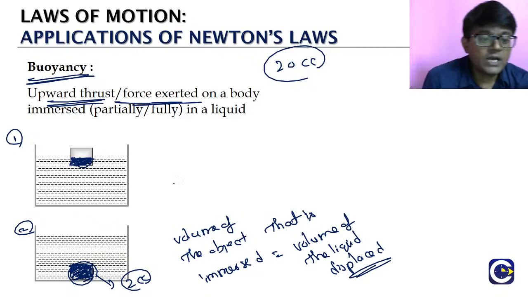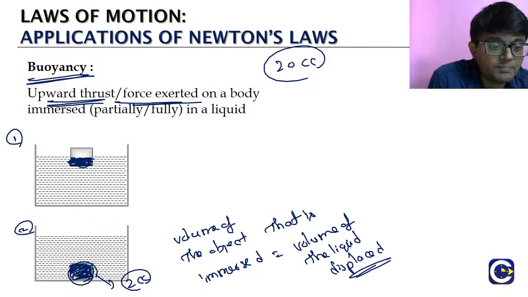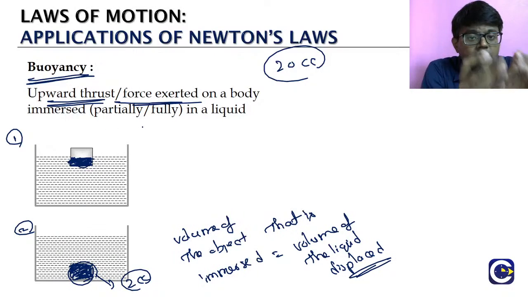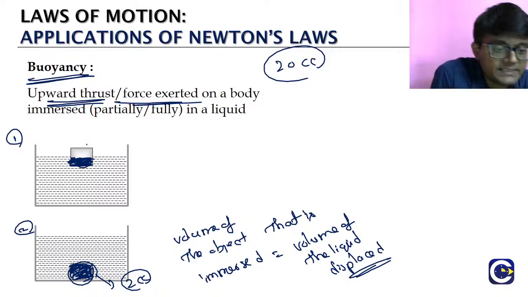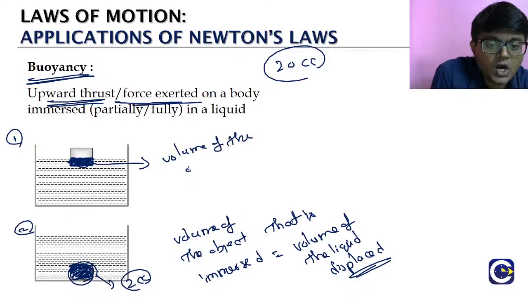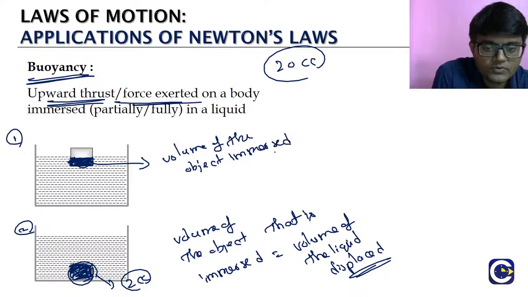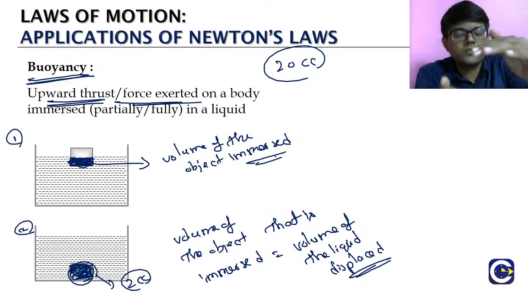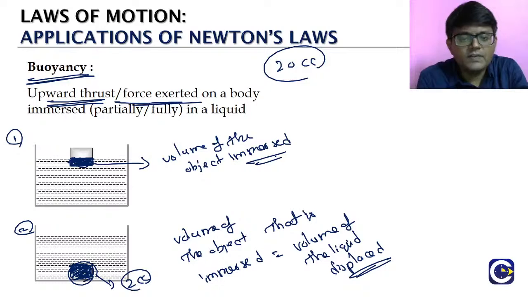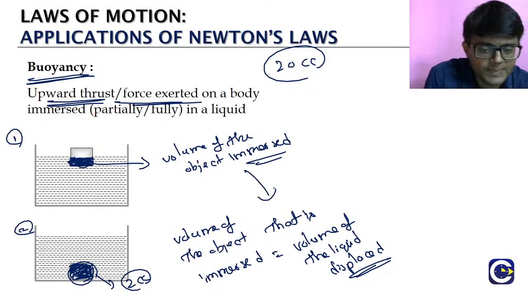Now here in this case, what is going to happen? It's a partial immersion. Here, the full body of that object is not immersed, only some part of it is immersed. Here also the same thing: the volume of the object that is going in will be the volume of the liquid that is displaced.